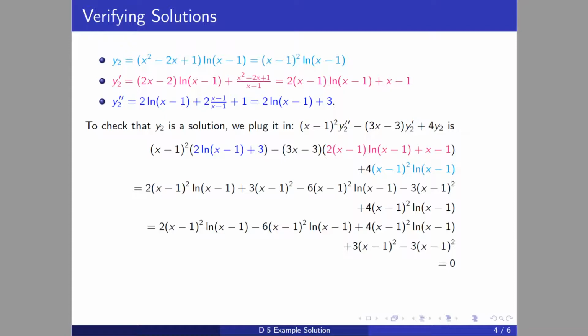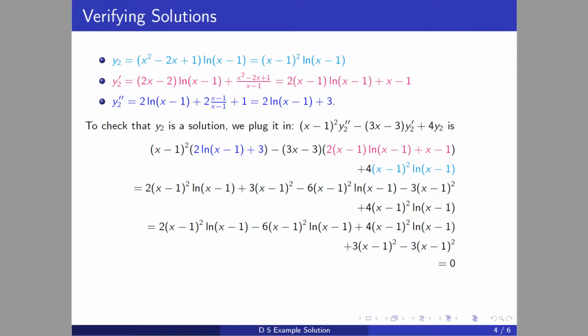And it's just algebra and arithmetic. We just have to multiply things through and combine like terms. So we'll basically get a bunch of terms that are a multiple of (x minus 1) squared times log of (x minus 1), and other terms which are multiples of (x minus 1) squared.